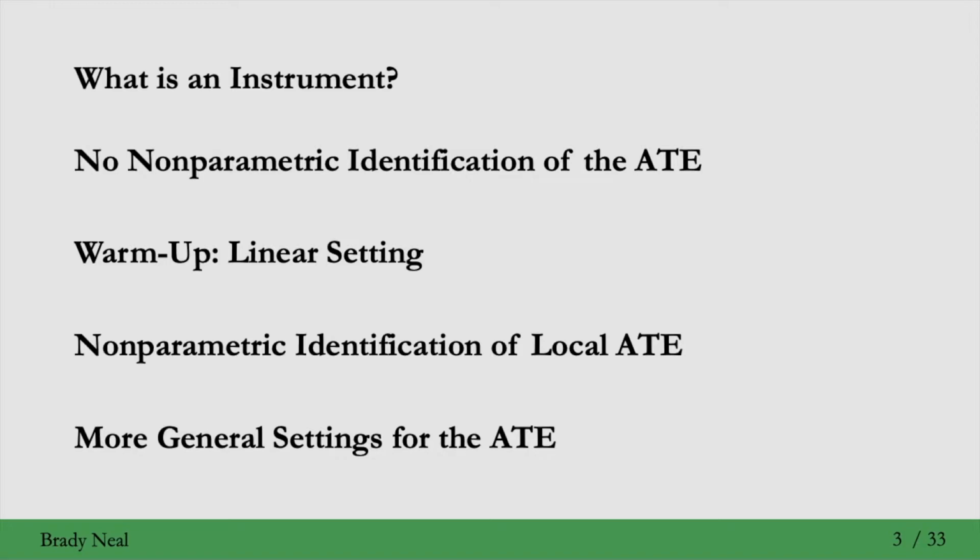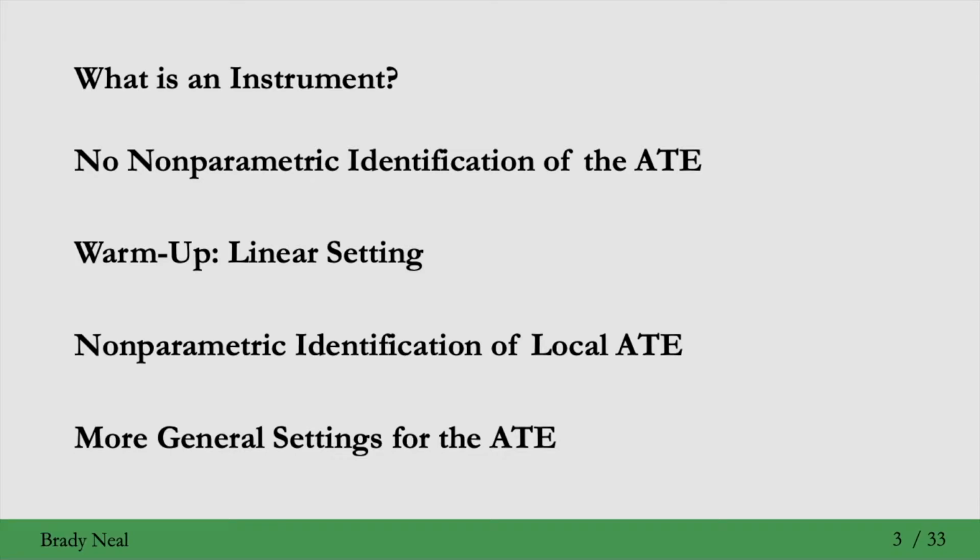We might want more general identification where we don't have sort of linear parametric assumptions. So then we'll move to nonparametric identification, but it's not of the ATE, it's of a different estimand, which is called the local ATE. And then finally, I'll point you to some settings where you can get identification of the average treatment effect, where you have more flexible assumptions than the sort of linear parametric form.